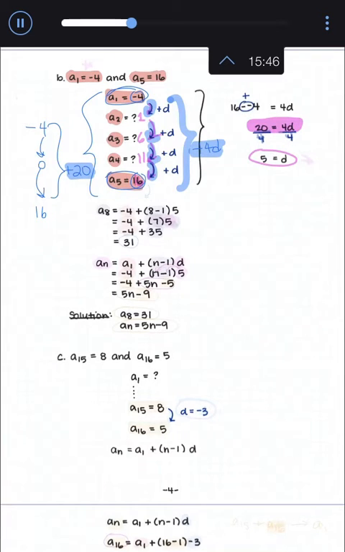So now that we have our common difference D and we have our first term, that's all we need to find out any other terms that we need. So to find out the eighth term, first of all, remember we take the first term, which was -4, and add n minus 1, which is 7, times our common difference D, which we said was 5.